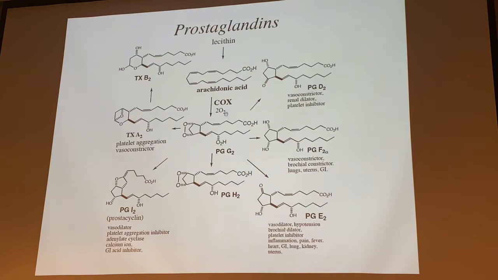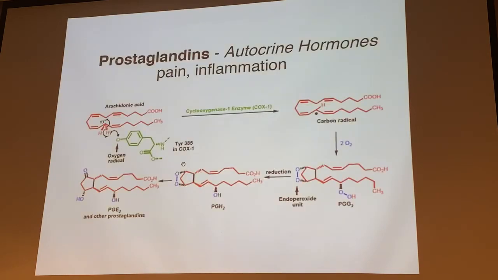And if you inhibit this protein here, you don't make as much of the signaling molecule. You lower the amount of inflammation, pain, and fever. The body tends to overreact upon injury, and if you allow for chronic inflammation, that can lead to a lot of secondary diseases. So controlling pain and controlling inflammation is kind of a tricky thing in the clinic, but the NSAID drugs are critical for that.